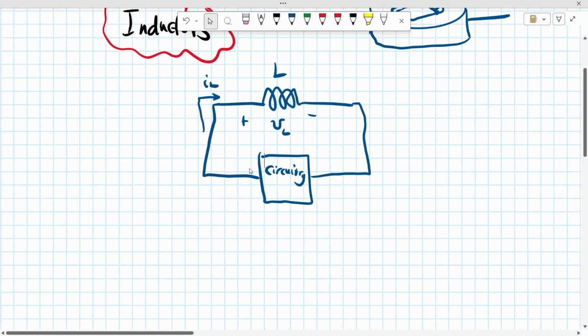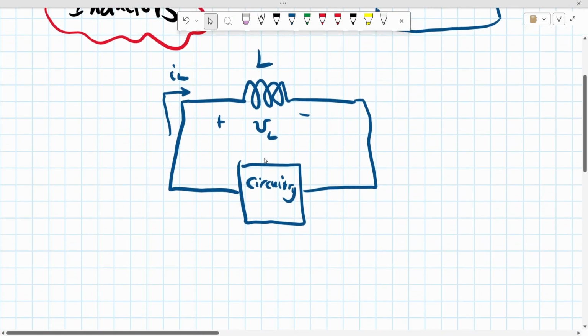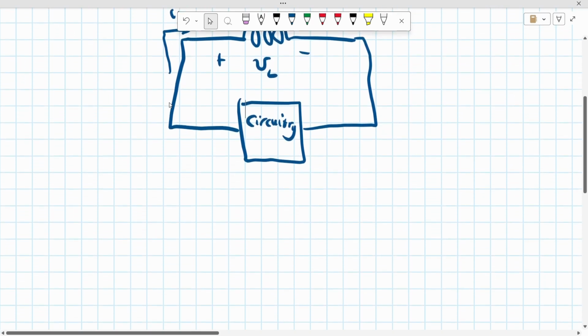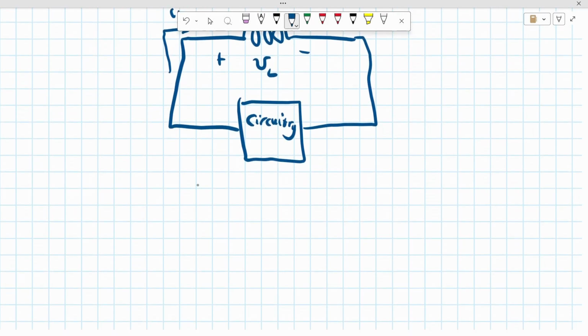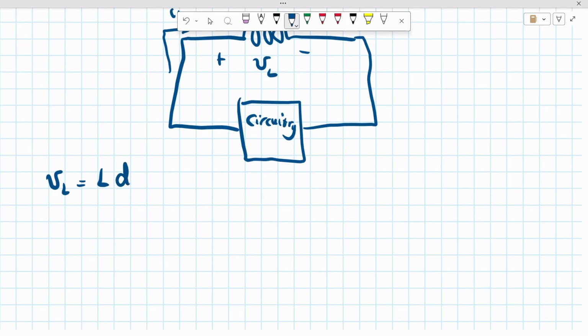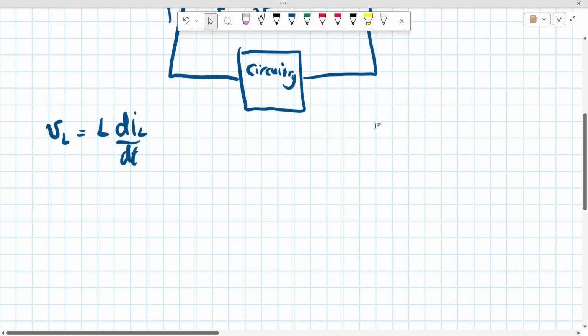So, what is the relation between the voltage across this inductor and the current going inside it? Well, the inductor says, look, my voltage is L, my inductance value, multiplied by the rate of change of the current that is going inside me.